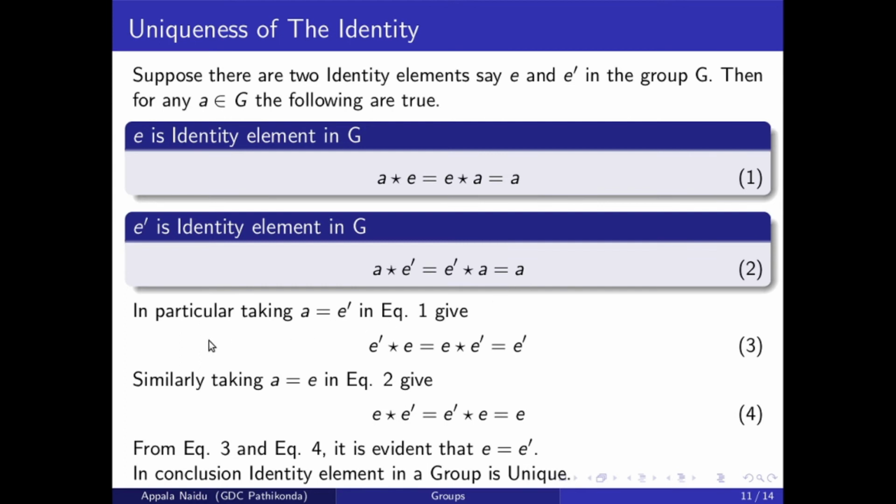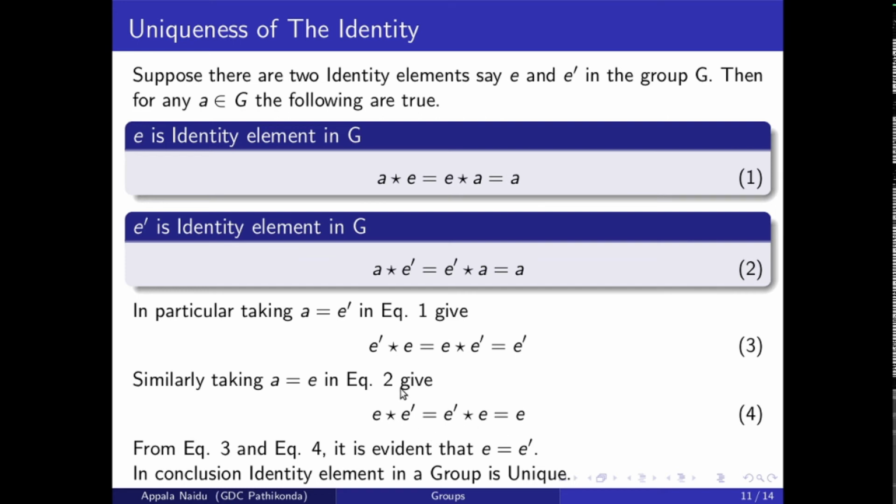In particular, in equation 1, if you take a equal to e prime, what we get? e prime star e is equal to e star e prime is equal to e prime. Now similarly, taking a equal to e in equation 2, we get e star e prime is equal to e prime star e is equal to e.